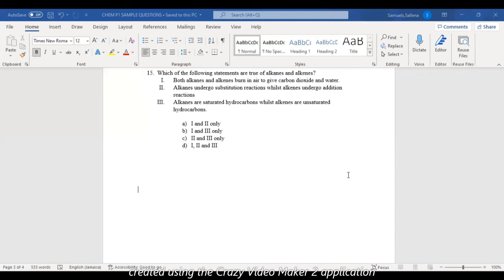Yes, so the alkanes will typically substitute one of the hydrogens with a halogen.